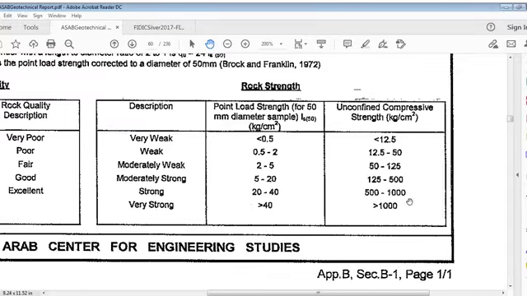Strong is 500 to 1000, and very strong is greater than 1000. So there is a vast difference between the application of point load and the application of unconfined compressive strength. A lot of difference.